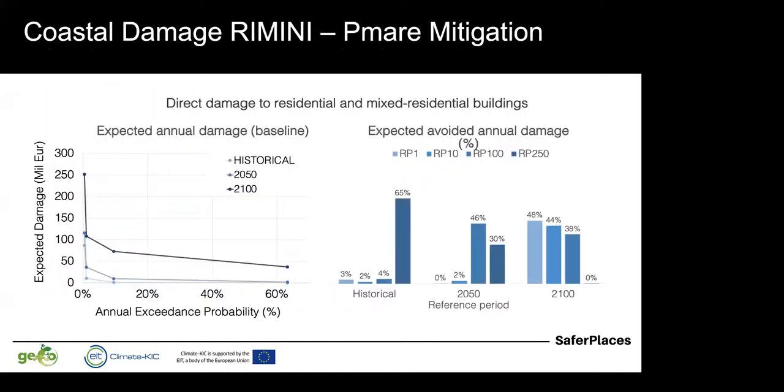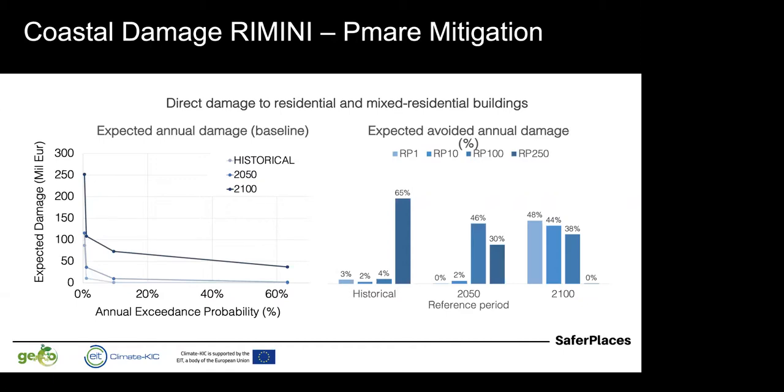So we have computed through the platform, we have built up a sort of economic damage model. For example, we have computed the expected avoided annual damage related to the implementation of the dunes of the new sea promenade.